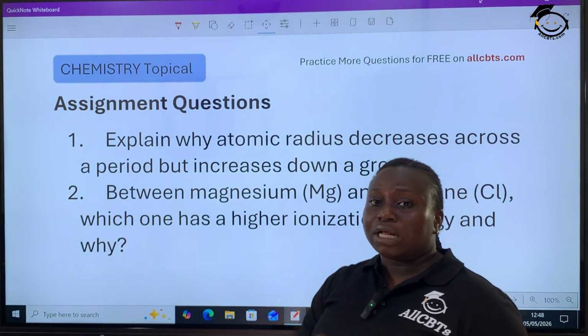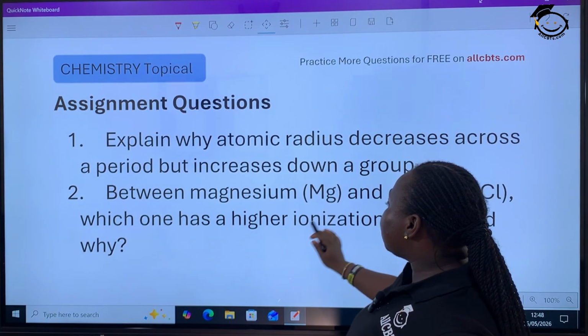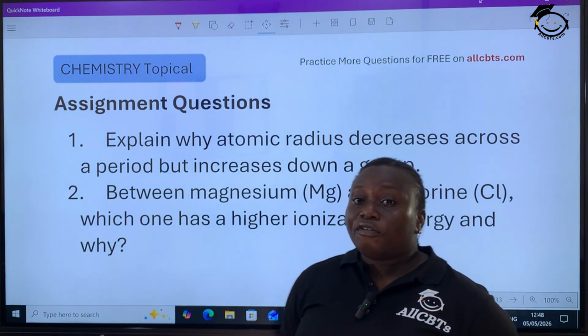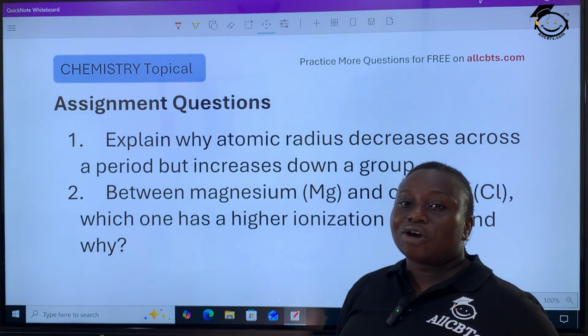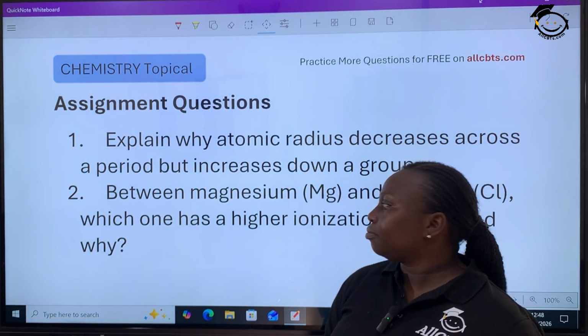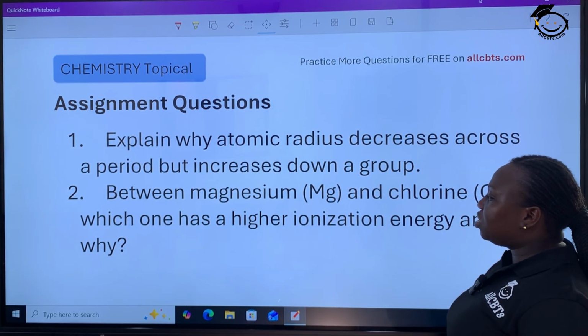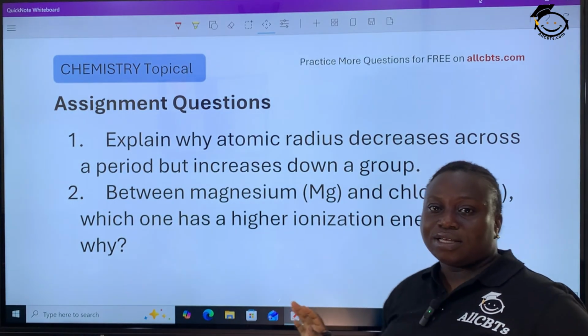You are going to tell me which one has a higher ionization energy, and why. Don't forget that the ionization energy of an atom is the ability of an atom to lose electron. So you're going to tell me between magnesium and chlorine, which one will have the ability to lose the electron, and why is that?